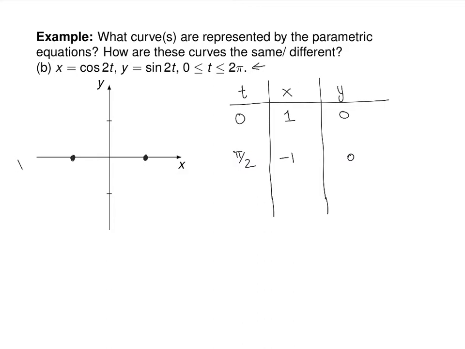So we're going to need a t value that is between 0 and pi halves, and the easiest value to choose is pi quarters. When we input pi quarters, cosine of 2 pi quarters is the same thing as cosine of pi halves, and that will give us 0. And then we'll have sine of pi halves, which gives us 1.